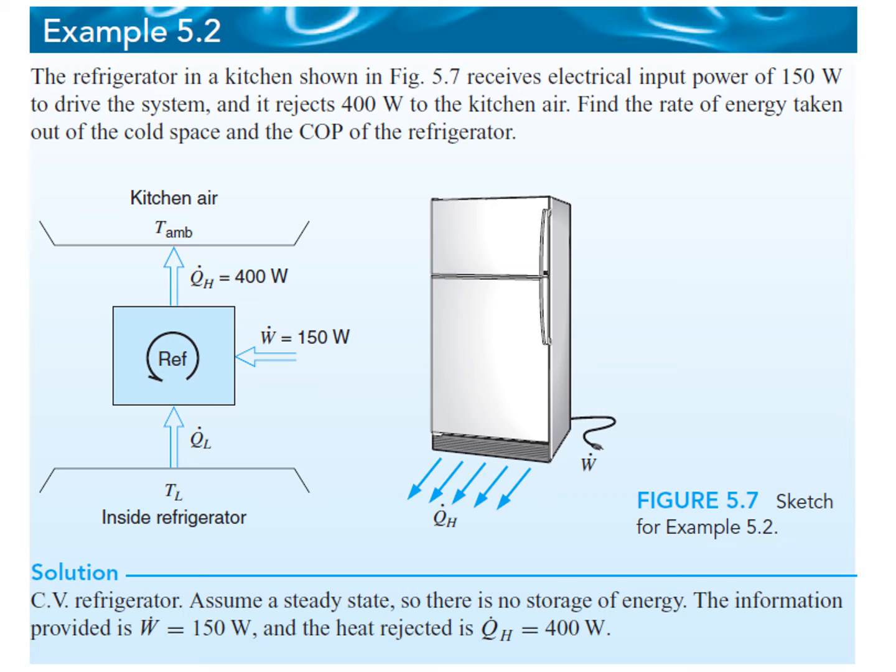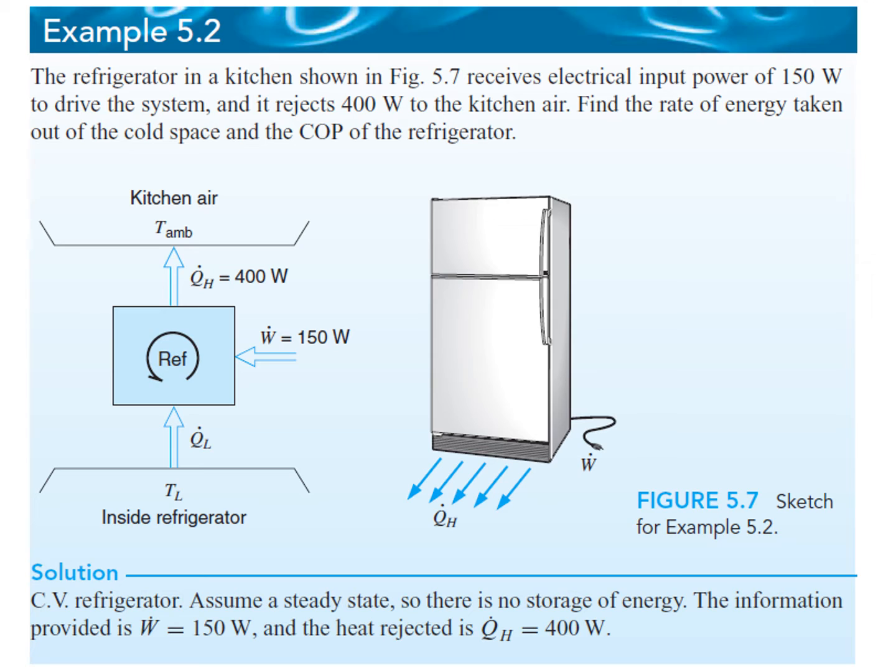We have a scenario in which we input 150 watts of power to a refrigerator, and it moves heat from low temperature reservoir to high temperature reservoir, and the heat being flown out of this refrigerator to the room is 400 watts, 400 joules per second. So 400 watts of power is being delivered to the ambience, and we want to calculate the rate at which heat is being removed from the low temperature reservoir.